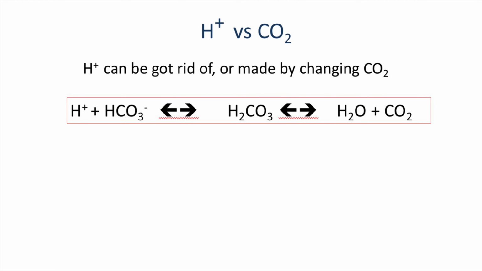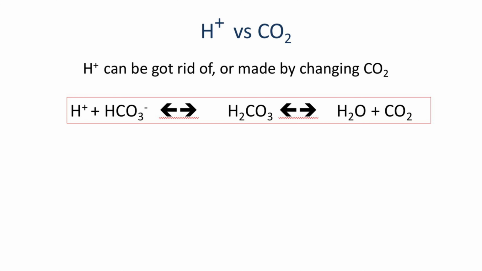Okay, so how does CO2 change the H+ or pH? Well, CO2 can mix with water to cause carbonic acid, which then partly dissociates, leaving an H+. And anything that changes H+ changes the pH, because H+ is acid. It is a hydrogen ion concentration.